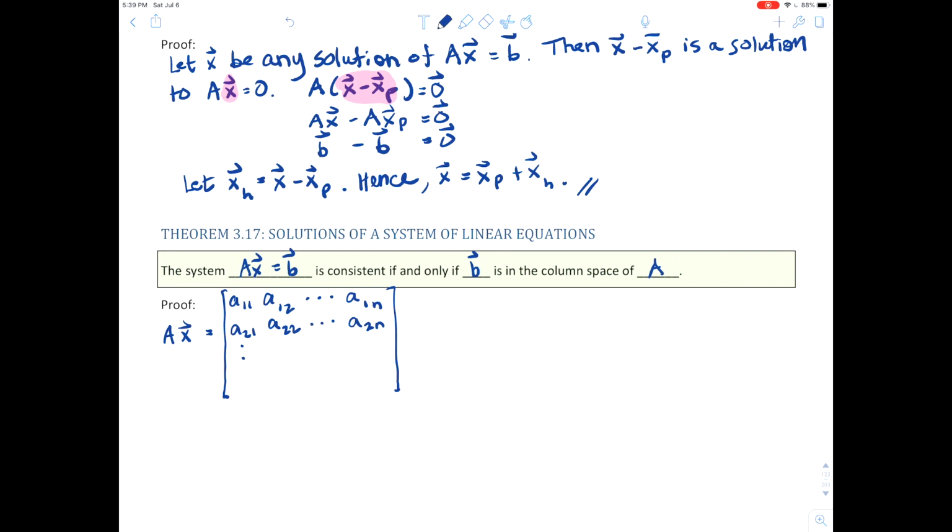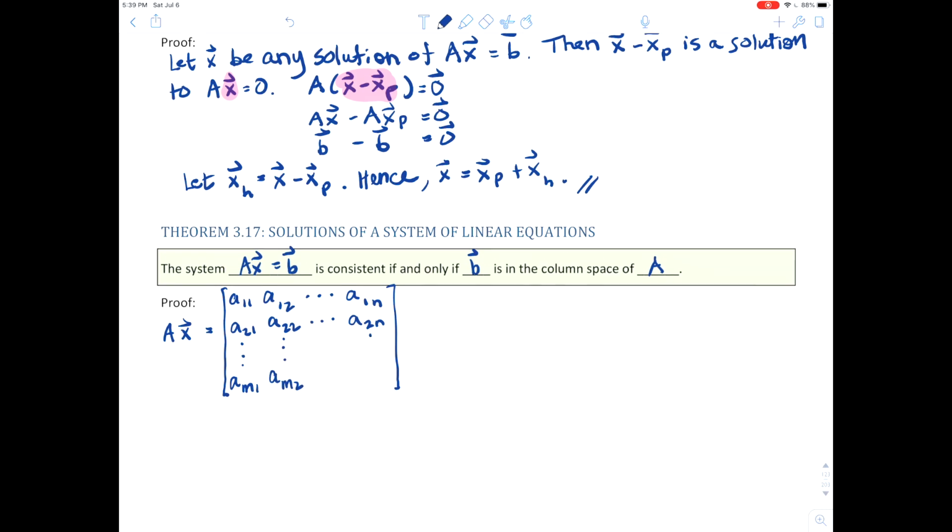And then going down this way, we'd have AM1, AM2, stretching across to AMN, times our vector X, X1, X2, all the way down to Xn. Groovy? That's just A times X.